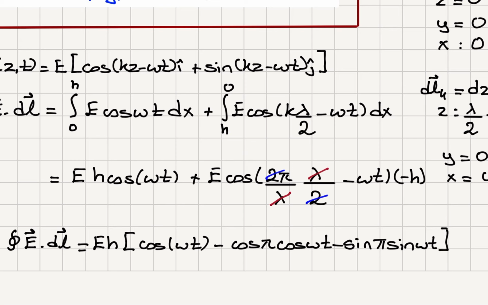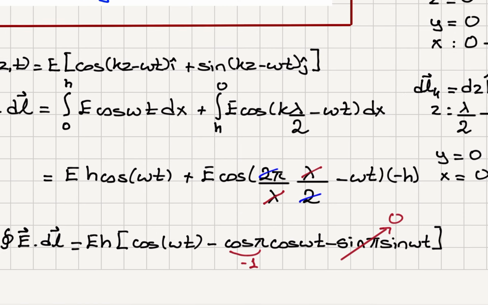And sine pi is 0, so that term doesn't contribute. On the other hand, cosine pi is equal to minus 1. So this is going to become cosine omega t plus cosine omega t.